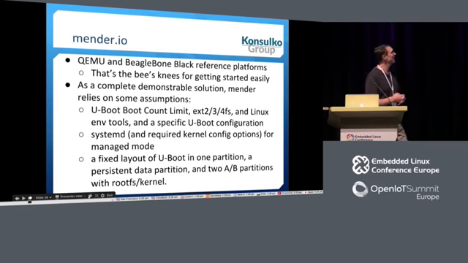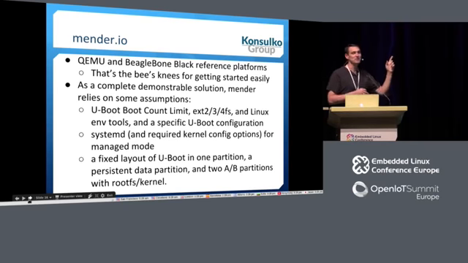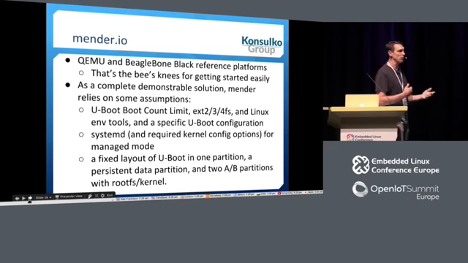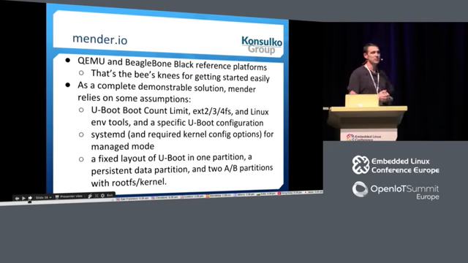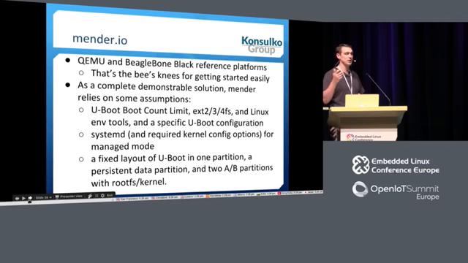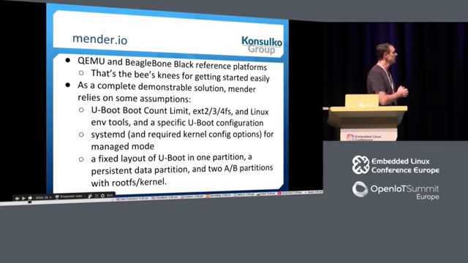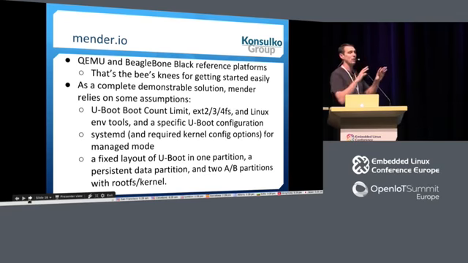You need one with a boot count limit. They assume that you can read the ext4 file system, that you have U-Boot environment tools in your Linux root file system, and obviously a specific U-Boot configuration to make this all work. So they're depending on some things, but they're also giving you a whole turnkey framework, right, on that end.